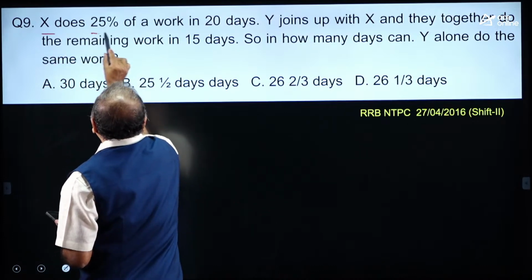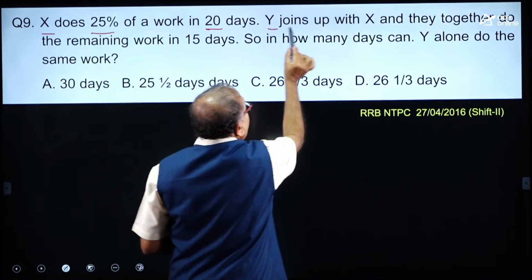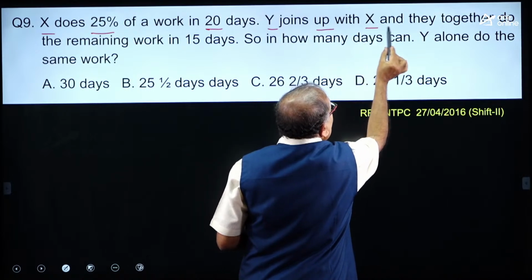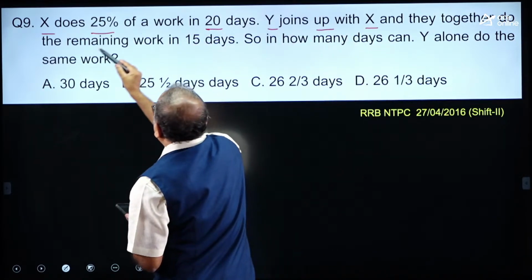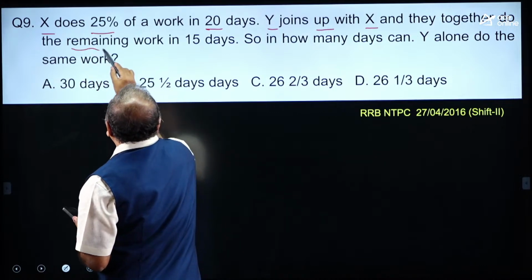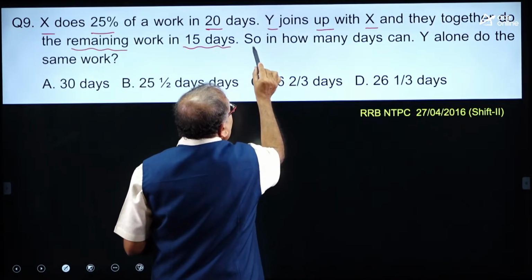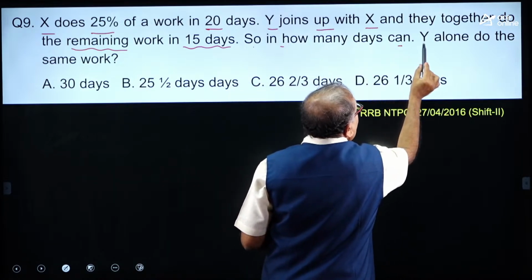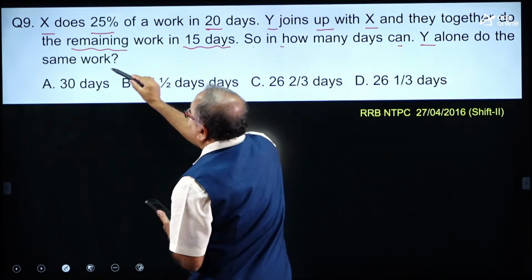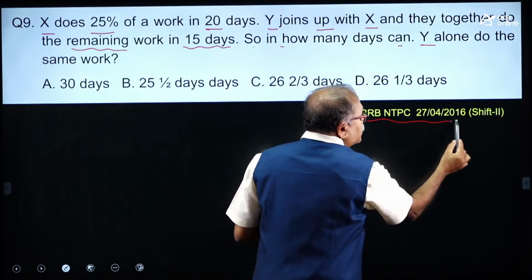X does 25% of the work in 20 days, Y joined with X and together they do the remaining work in 15 days. So, in how many days can Y alone complete the same work? You can see that it is a previous year question.